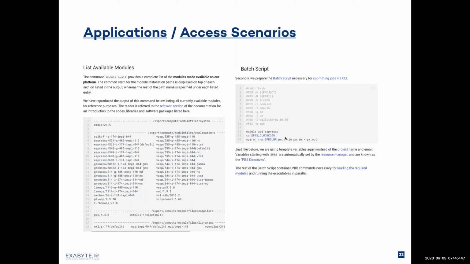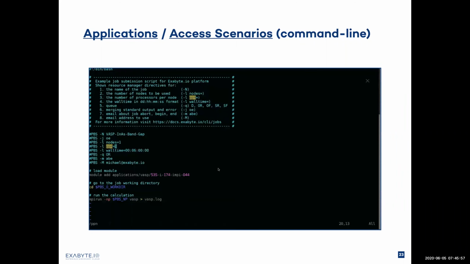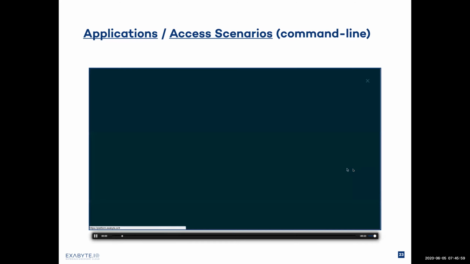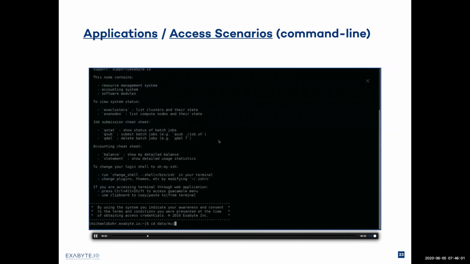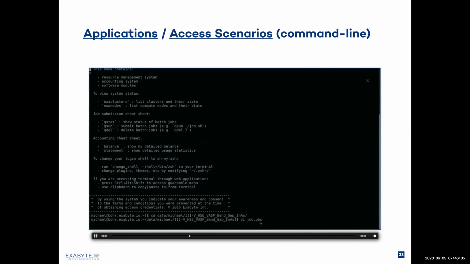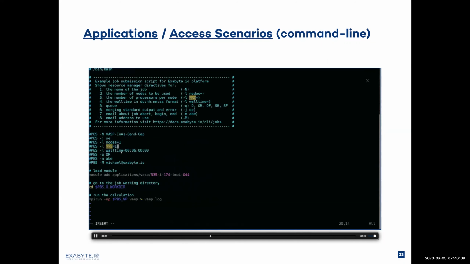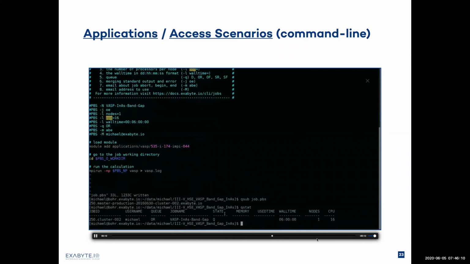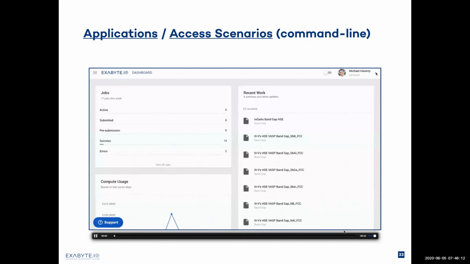Users familiar with the way batch scripting resource management works can also utilize that model on our platform. This is a quick example. We can connect through the web terminal or through any terminal client, edit the job PBS script for a particular calculation, adjust all the necessary parameters, and then submit it through our platform.